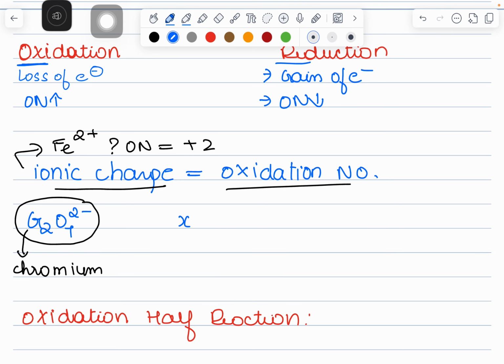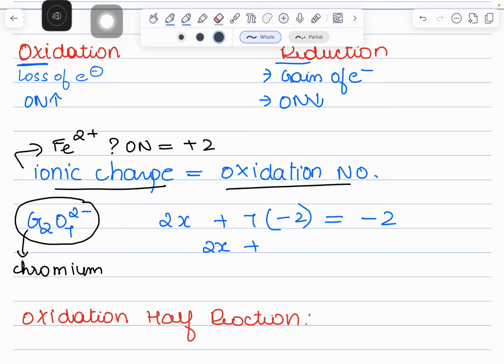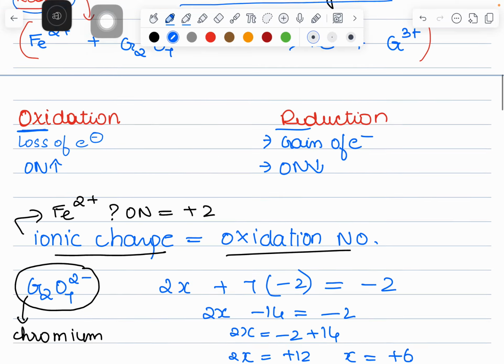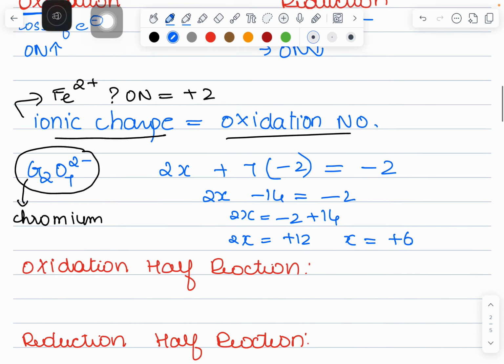There are 2 chromium atoms, so 2x, plus 7 oxygens, each with oxidation number minus 2, is equal to the overall charge, negative 2. So 2x plus 7 times minus 2, which is minus 14, equals minus 2. So 2x equals minus 2 plus 14, 2x equals plus 12, and x equals plus 6.